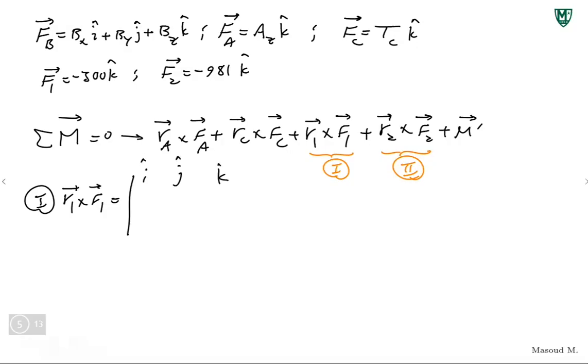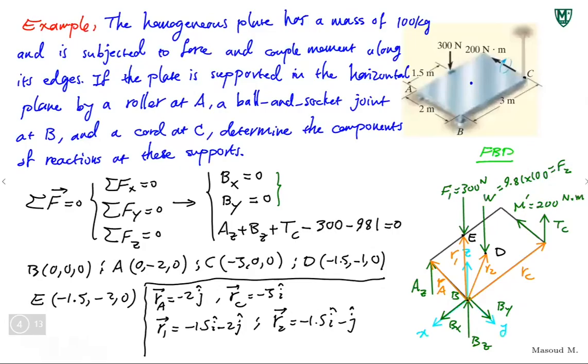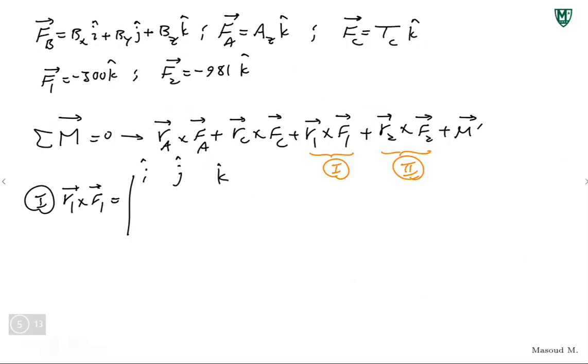R1 was minus 1.5, minus 2, 0. Pretty ugly one. F1, I represented here, is 0, 0, minus 300.